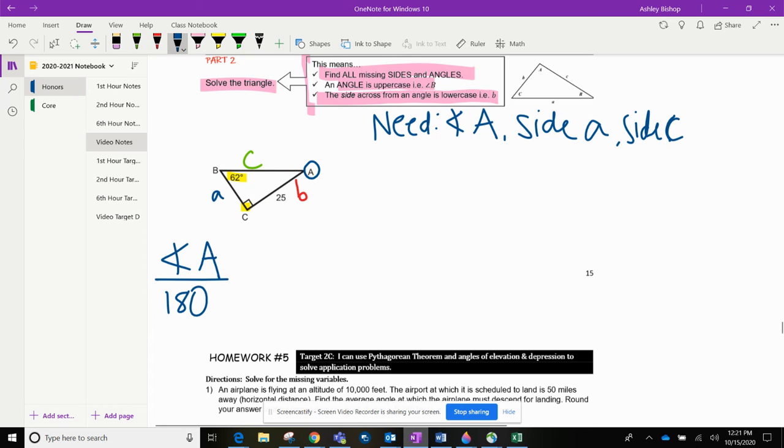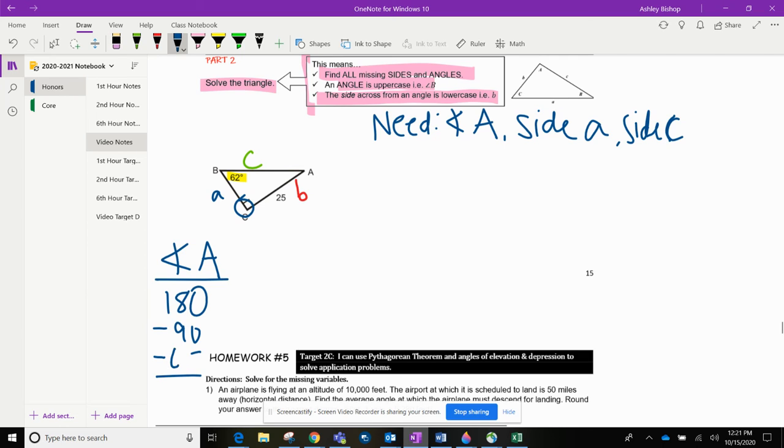So I know that angle A plus angle B plus angle C needs to equal 180. So I can solve for angle A by taking those numbers and subtracting it from 180. 180 minus 90 minus 25 will give me, excuse me, that angle is not 25.